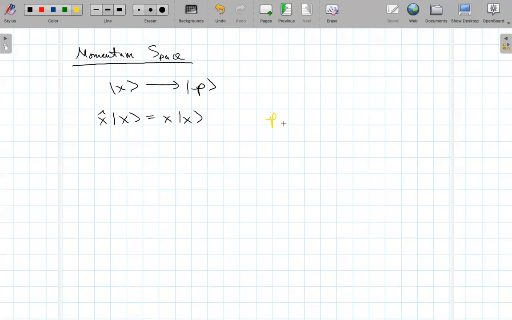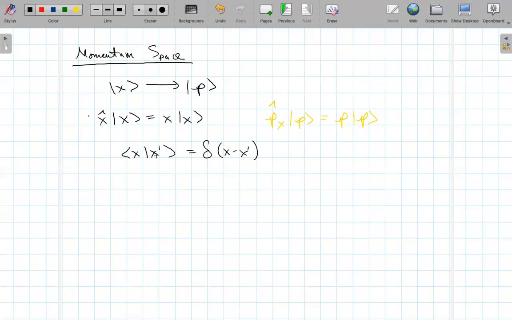Now if I act the momentum operator onto the momentum basis, this is going to return the momentum times the momentum basis. So the momentum basis here is an eigenstate of the momentum operator. Further, we also saw that the inner product between x and x prime gave me delta of x minus x prime.